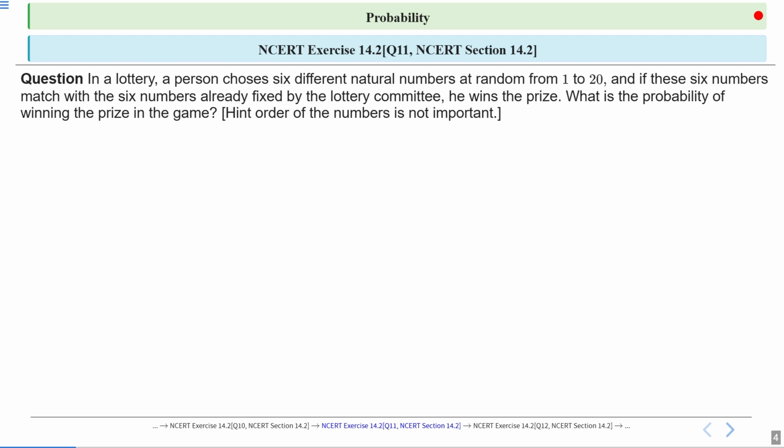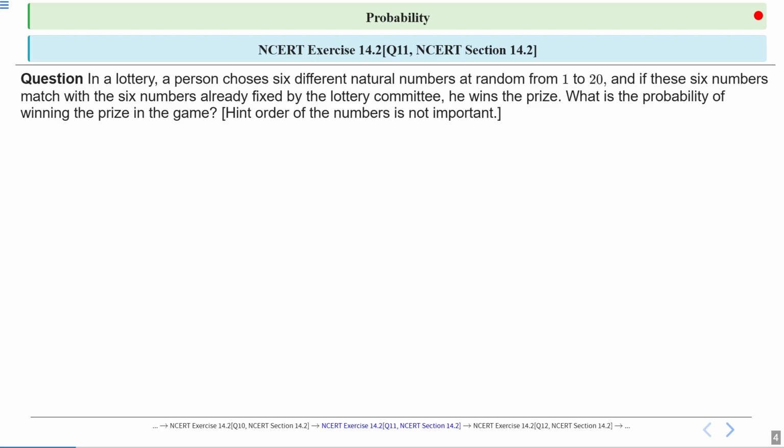If these 6 numbers match with the 6 numbers already fixed by the lottery committee, then he wins the prize.